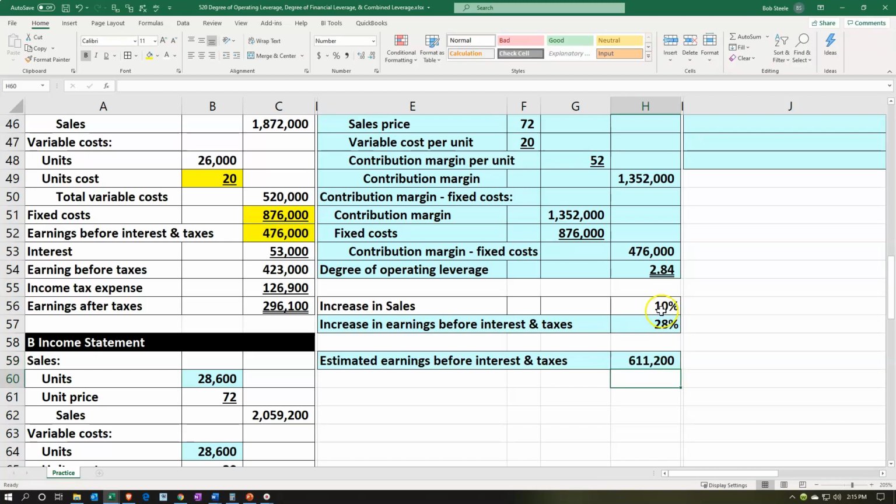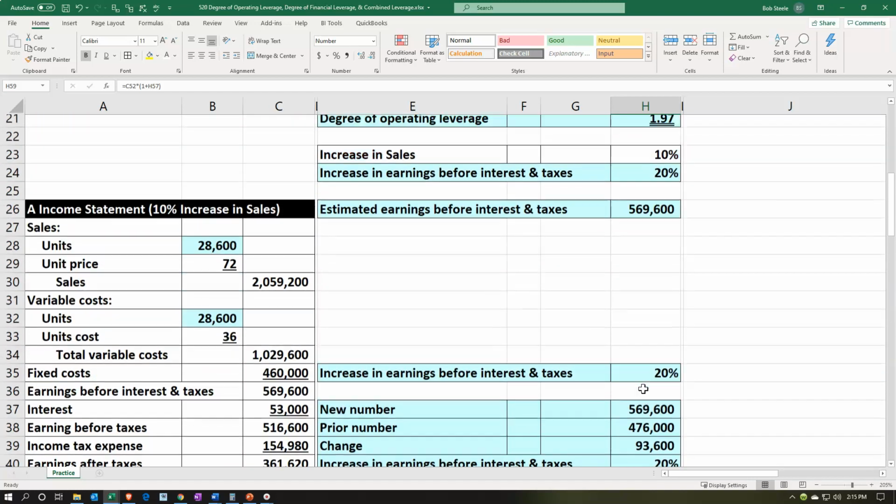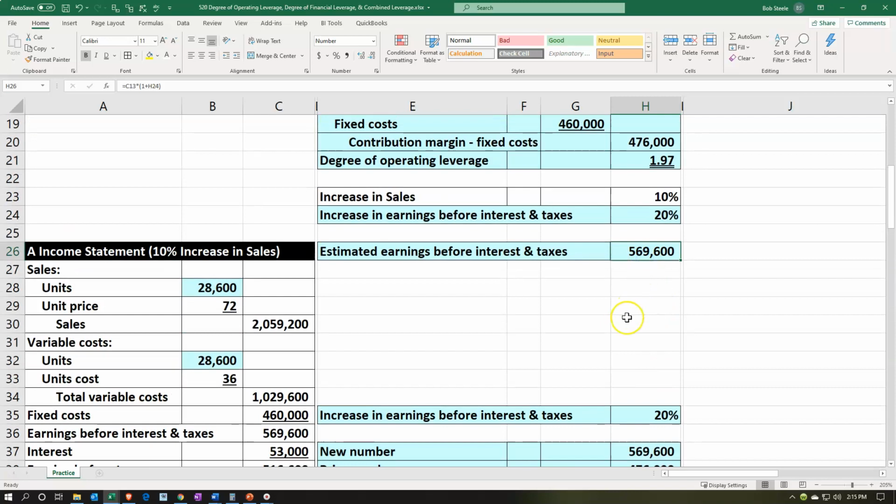So if there's a 10% increase in sales, we think that the estimated earnings before interest and taxes will go to the 611,200, as opposed to the 10% increase up here, which went only up to the 569.6, even though we started at the same point.